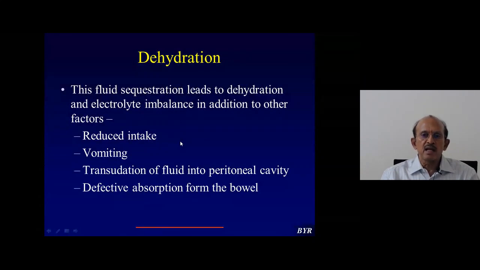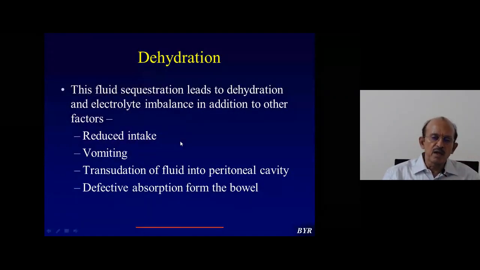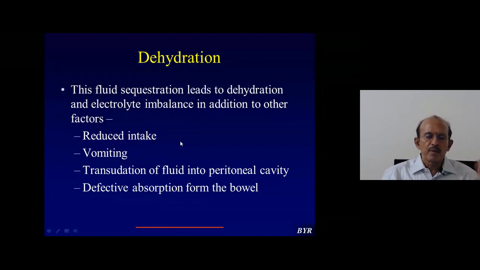And this dehydration and electrolyte imbalance will be profound in advanced intestinal obstruction. Though there are fewer vomitings, so because the patient has no vomiting, you will be under the impression that the fellow might not have gone into dehydration. It's not like that.